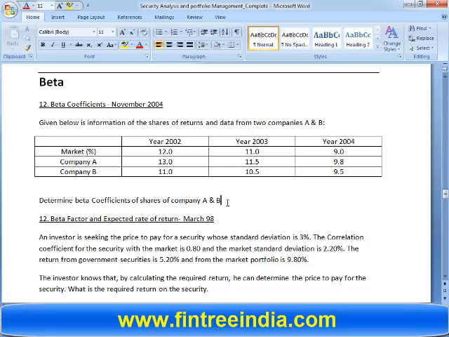I'll make the format for you. So just write down the first sentence. The beta coefficients of shares A and B can be calculated using following formula.